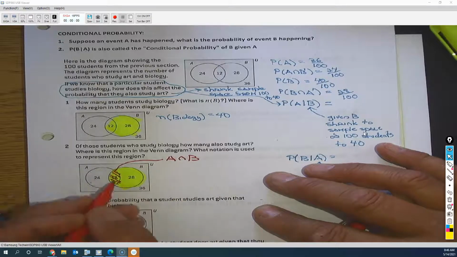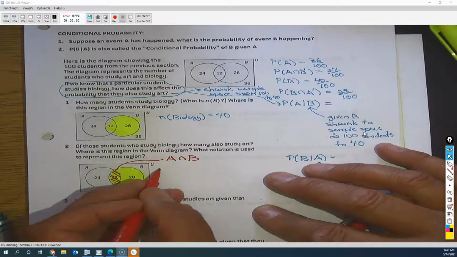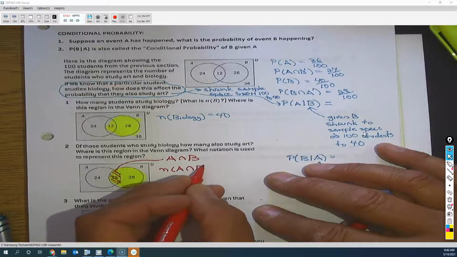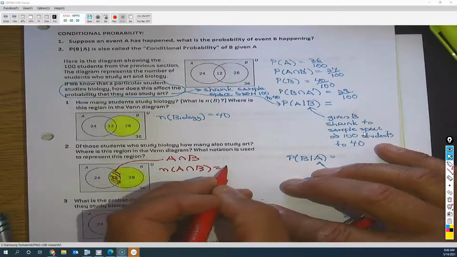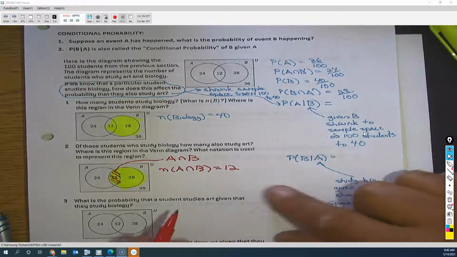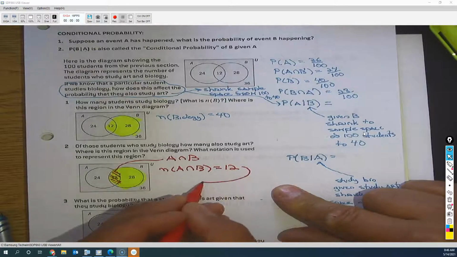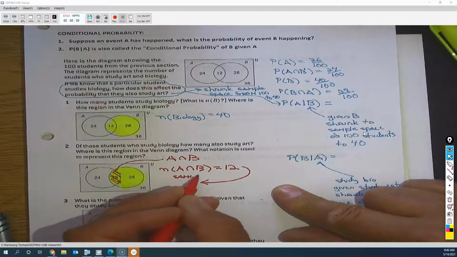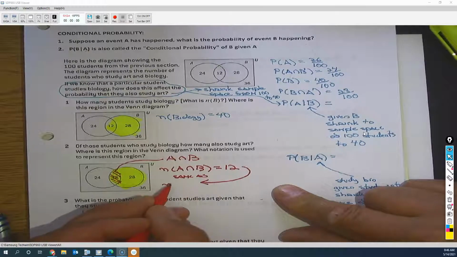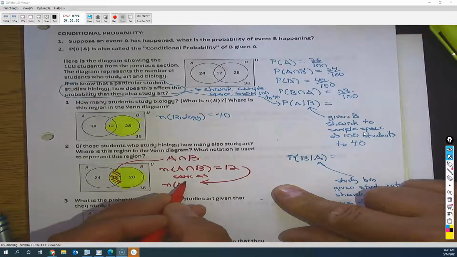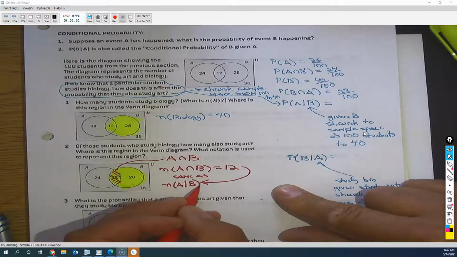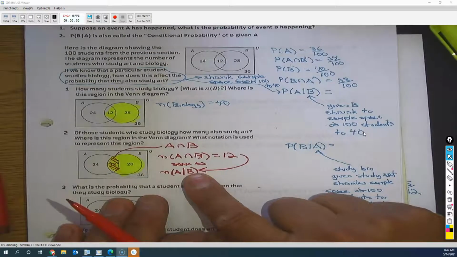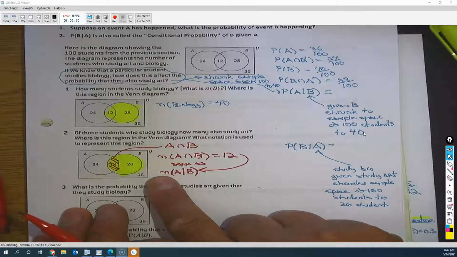So this is the notation to represent that region, and that's 12. It's also the same as the number of kids that do art and biology. Given that they're a biology student, this is also the number of students that do art.